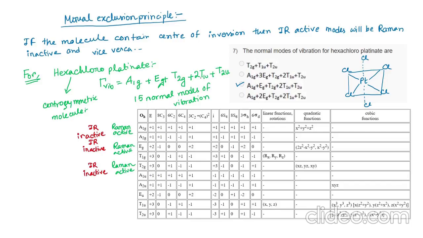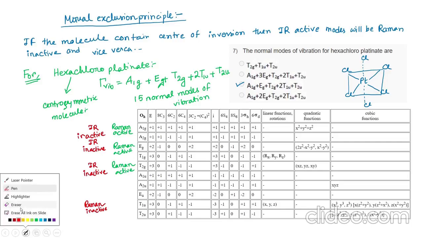What about then T1u? That is this. If you see, they all transform together, xyz together. So this is Raman inactive because there are no quadratic terms in the basis, right? But they are IR active.